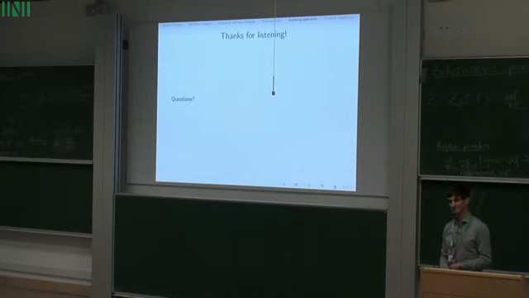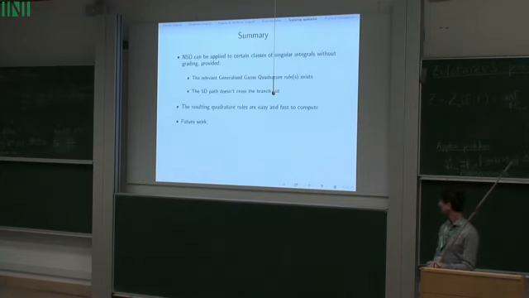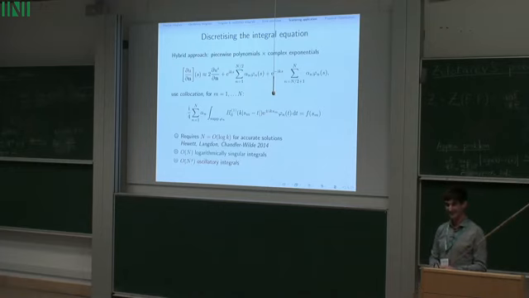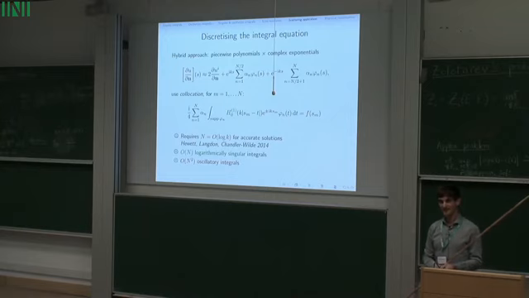Yeah? So you spoke about the collocation implementation. If I want to do a Galerkin boundary element method instead, is the step up a dimension to a 2-dimensional oscillatory integral a nightmare? I think it's doable.